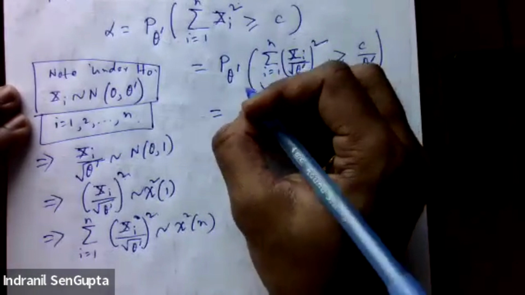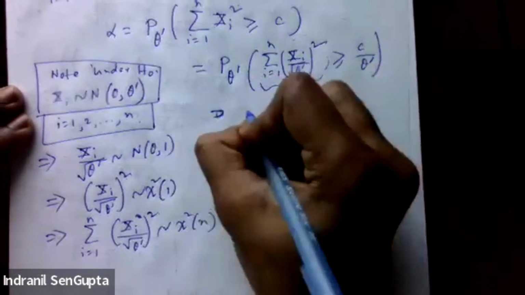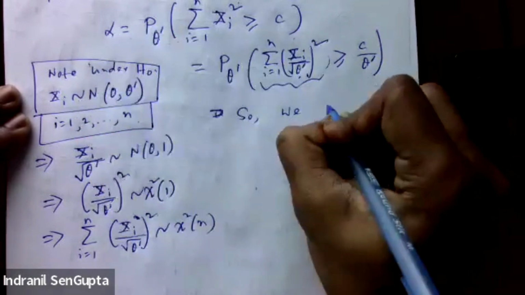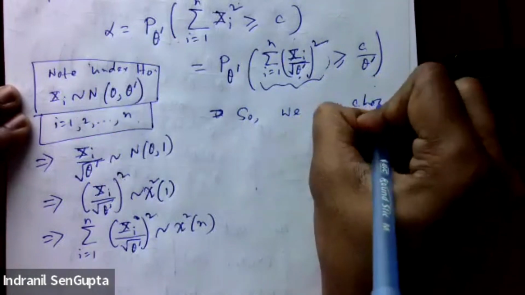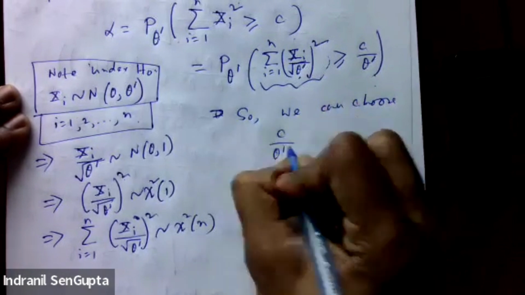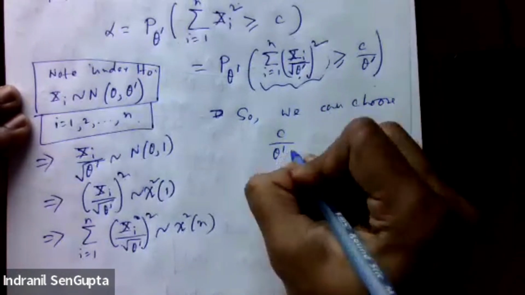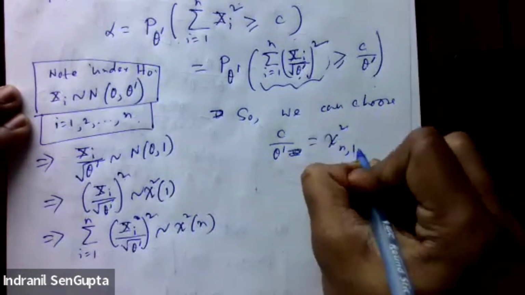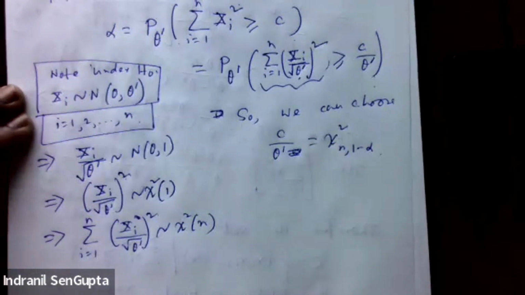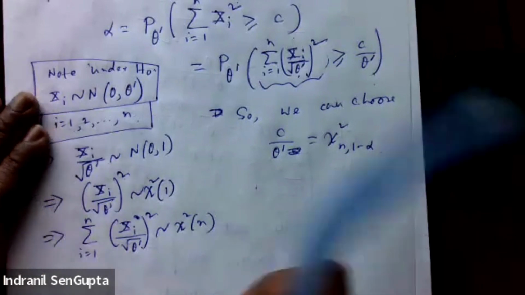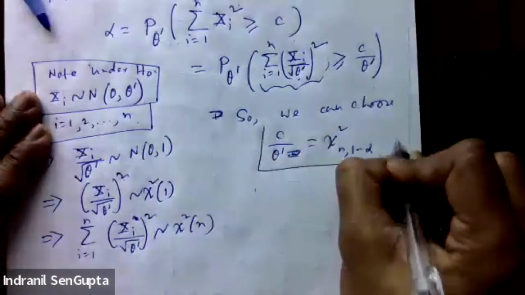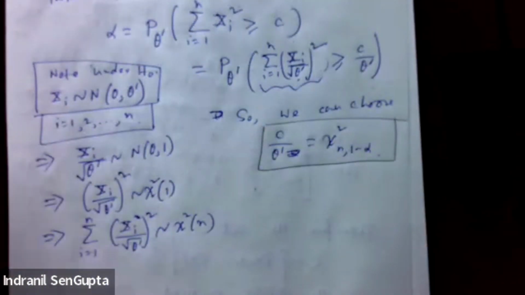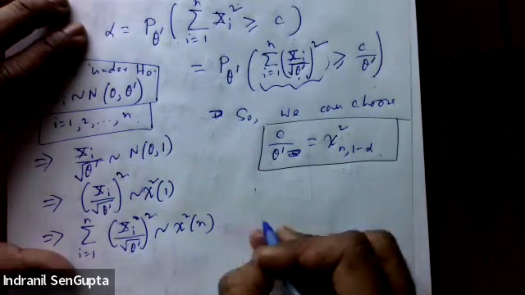If we want this to be alpha, we can choose c over theta prime to be equal to chi squared n, 1 minus alpha. So now we even have control of the size of this uniformly most powerful region.